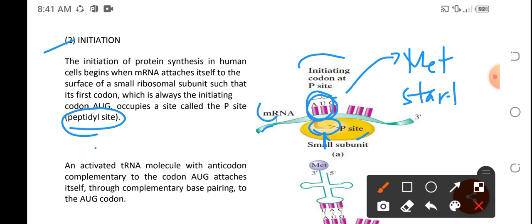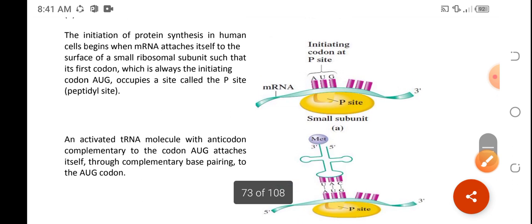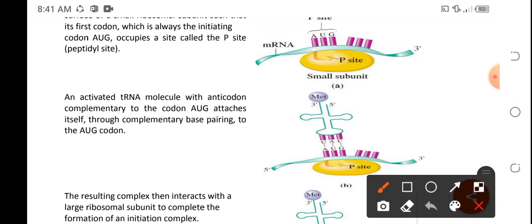or that is the start codon. Start codon. Also, it is the code for methionine. Now, once it has been detected and initiated, with AUG there, the activated tRNA carrying methionine will base pair. So it will detect that the P site has AUG. The activated tRNA will go to the P site.